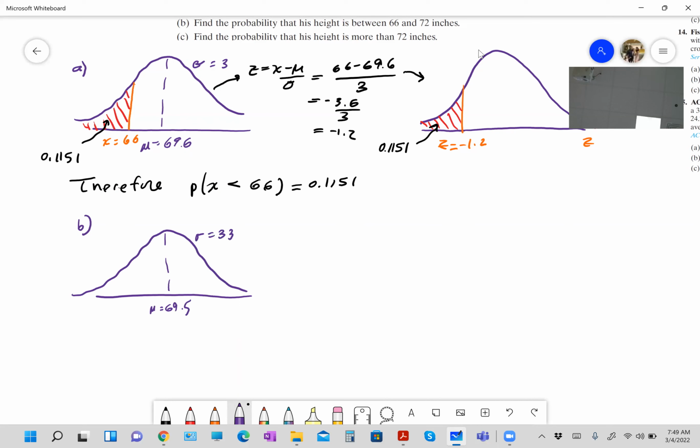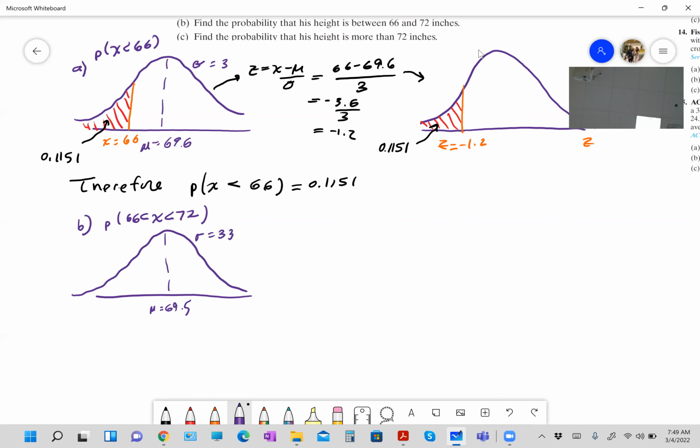Now, they asked us the probability of X being between 72 but greater than 66. Okay, that's what they're asking. The previous question was just X less than 66. In this case, it's between, and that's how we represent between: X is less than 72 and at the same time greater than 66. That's a between.